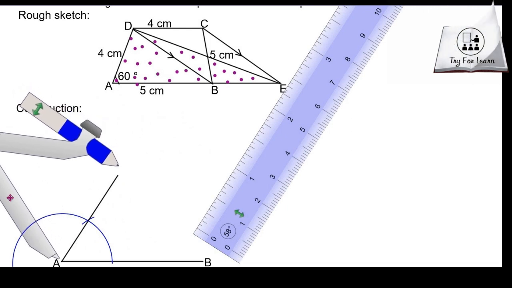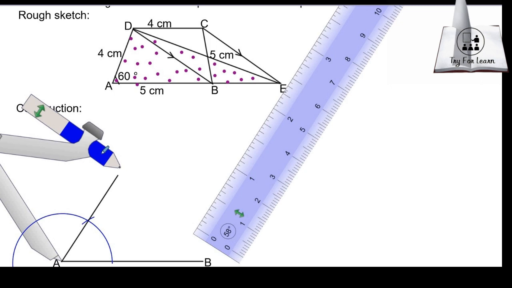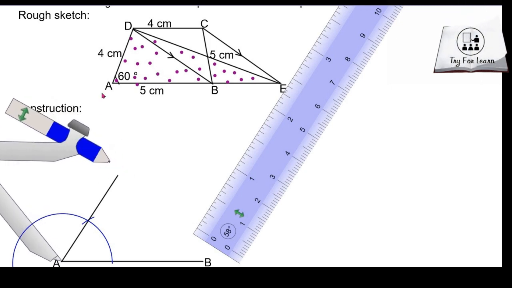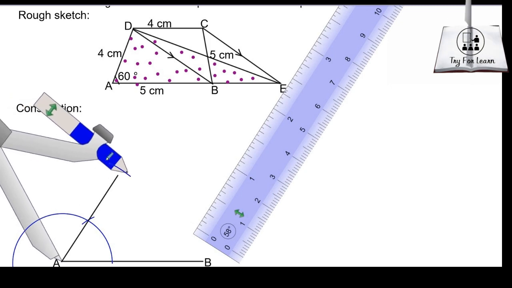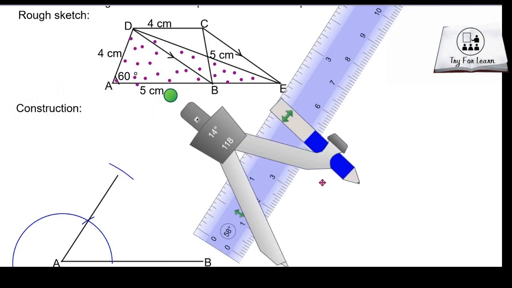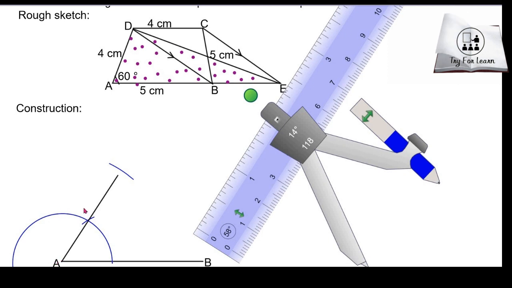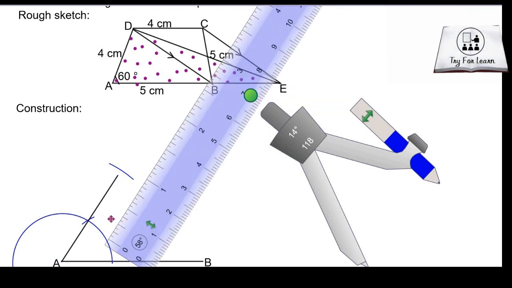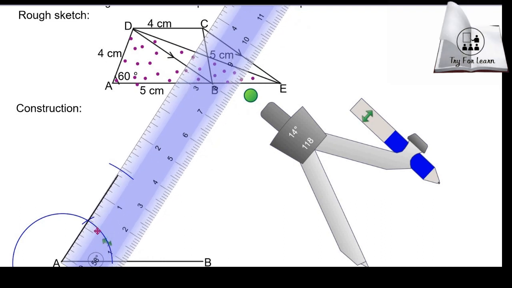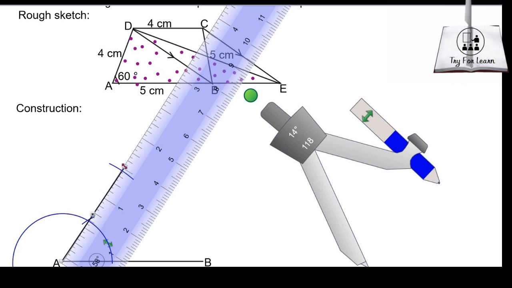Now we have to cut an arc from this A. The line segment drawn from A does not intersect, so we should produce it with the help of a scale. Here we should produce that line segment until it intersects this arc. Now it intersects.